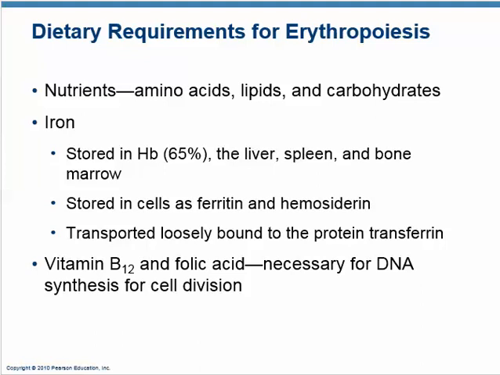Now, most of the iron is found in the hemoglobin in your body, but we have stores of iron in the liver and in the spleen and some in the bone marrow. It gets stored as ferritin or hemosiderin.